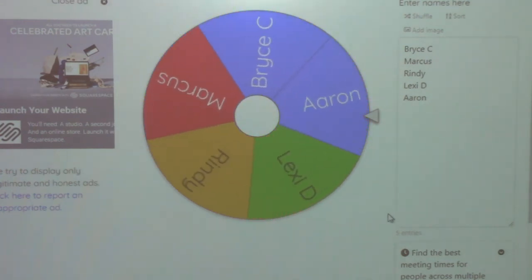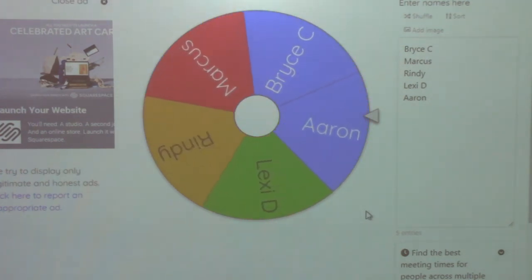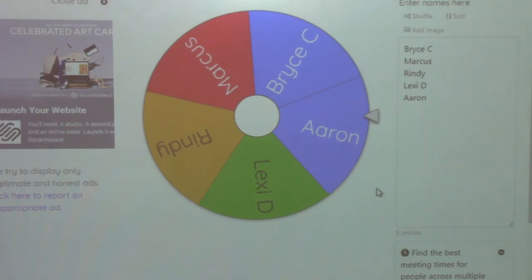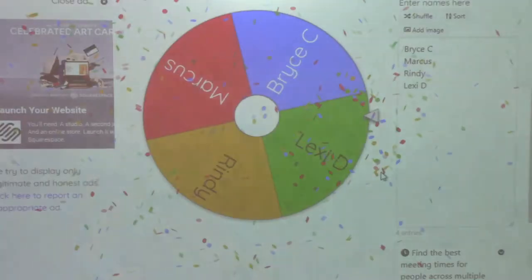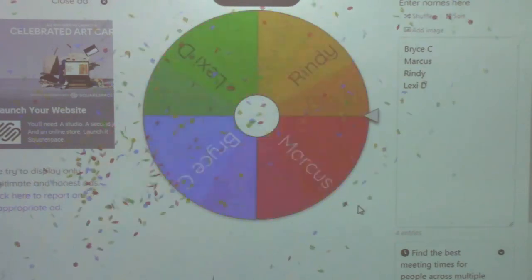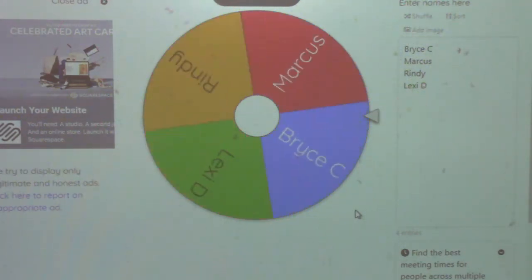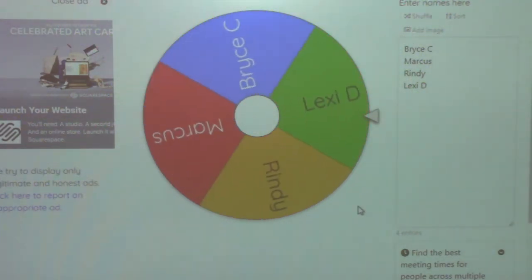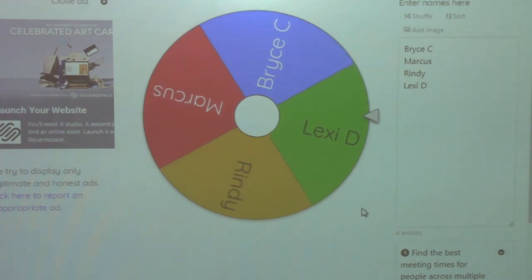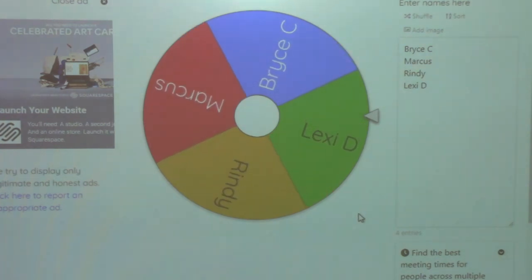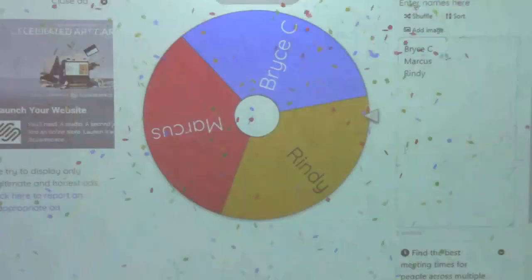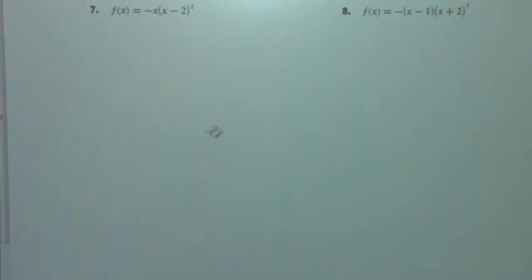Here's Aaron, should have erased it. It wasn't gonna be right. Here we have Lexi. Okay, Lexi, what do we have here?